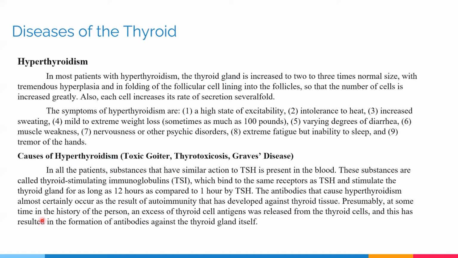Presumably, at some time in the history of the person, an excess of thyroid cell antigen was released from the thyroid cells, and this has resulted in the formation of antibodies against the thyroid gland itself. And thus, hyperthyroidism is essentially an autoimmune disease which is caused by the thyroid stimulating immunoglobulins.